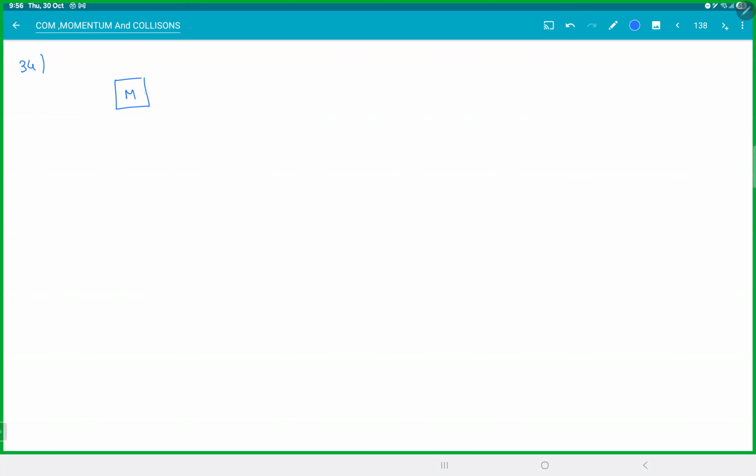Let's say we have a block of mass m. This is another important model. Let's say someone is applying a constant force F. Now find the maximum elongation in the blocks. Maximum elongation this way.